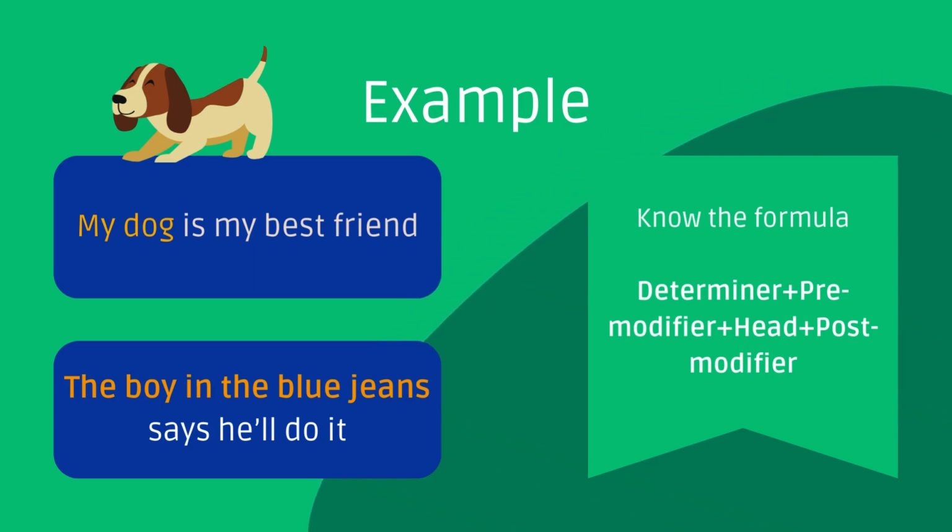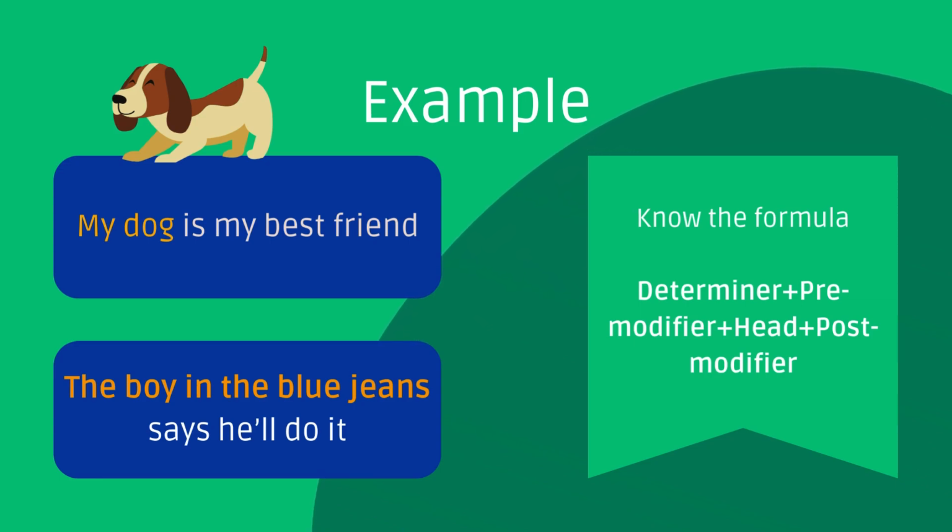Don't forget, we can use the formula to identify the noun phrase: determiner plus pre-modifier plus head and post-modifier. The determiner means all categories, for example, the or my.